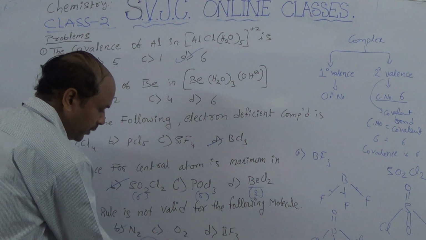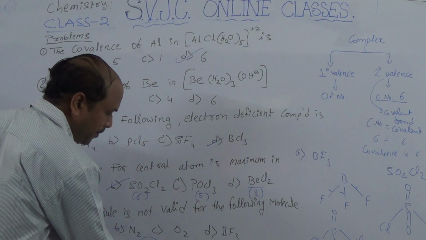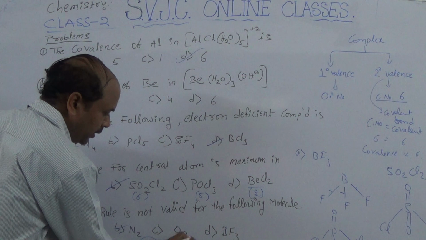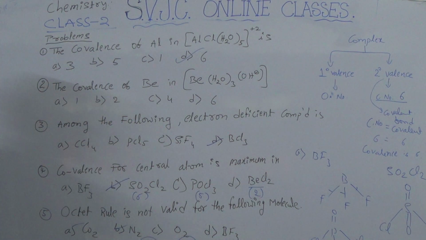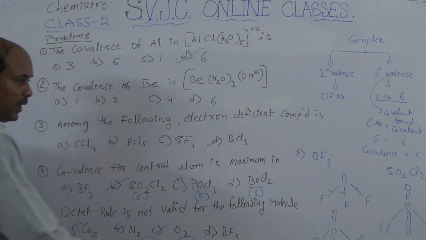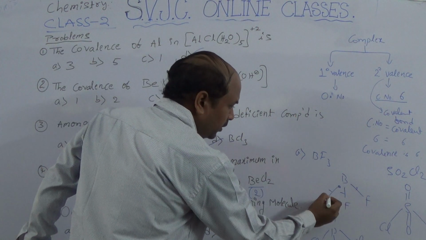And the O2 diagram you also know; each oxygen atom has 8 electrons, so it also obeys the octet rule. And here I draw BF3.